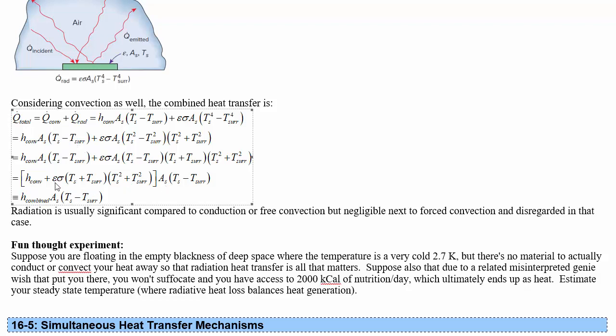Then what you can do, similar to convection, is define an effective radiative heat transfer coefficient by lumping all of these terms, emissivity, Stefan-Boltzmann constant, and these factors of absolute temperature, into one parameter called the radiative heat transfer coefficient. And then, in fact, you can even add that to convection and form the combined heat transfer coefficient.